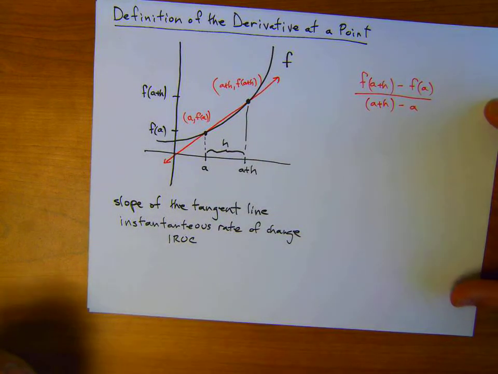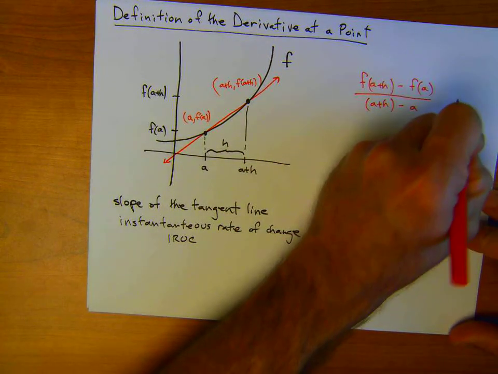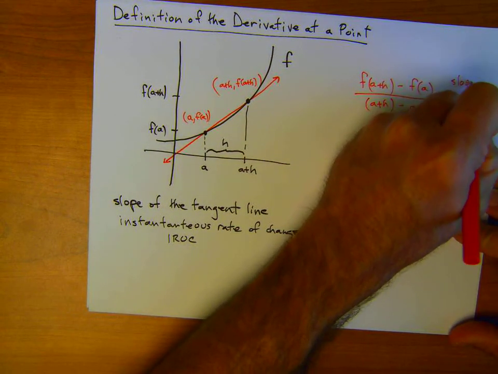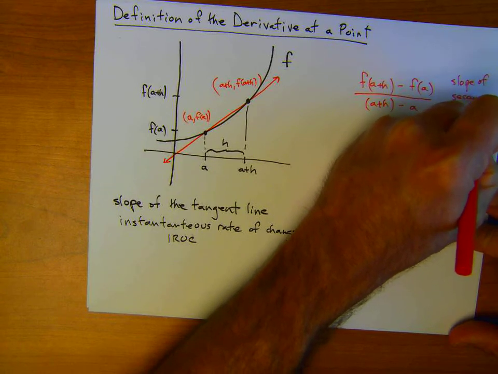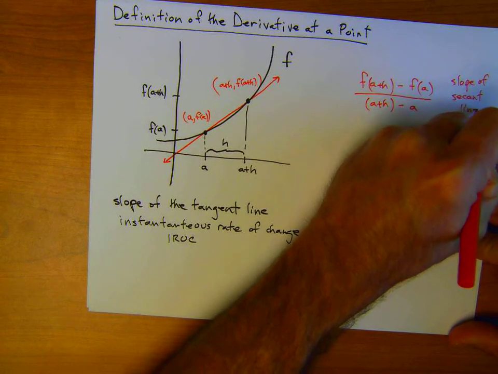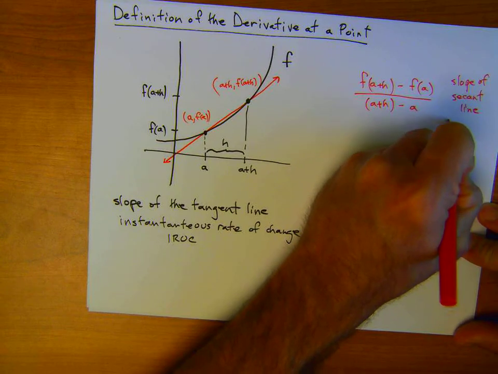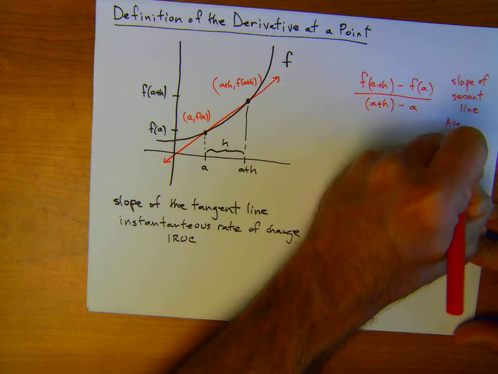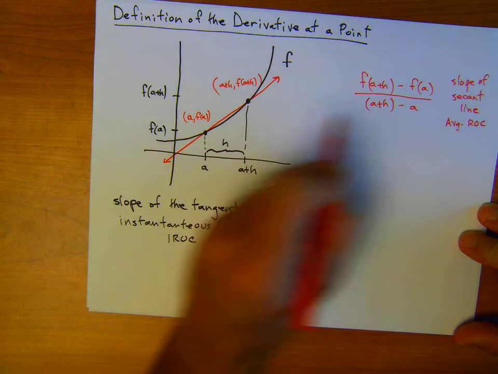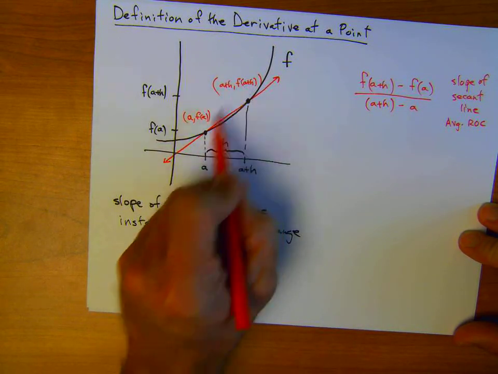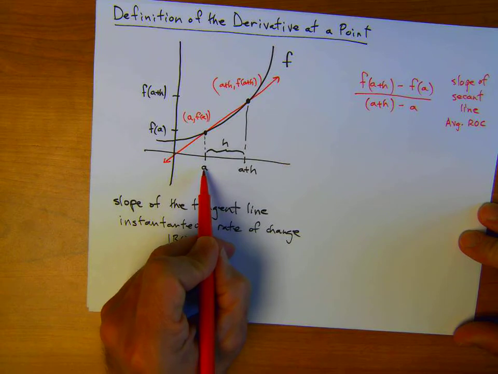So that is the slope of the secant line, and it's also the average rate of change over this interval that goes from a to a plus h.